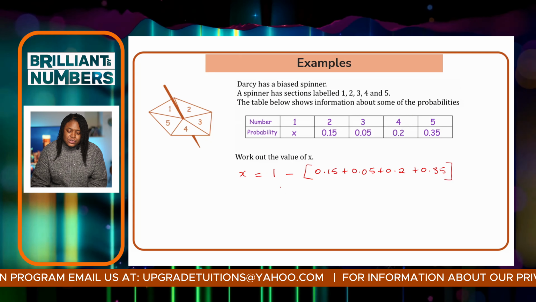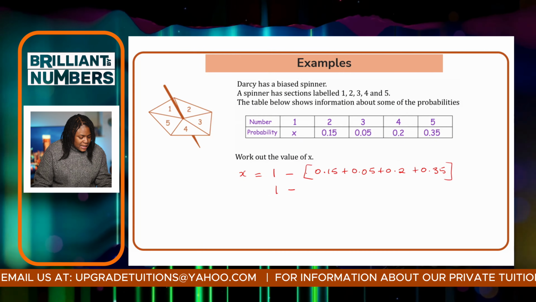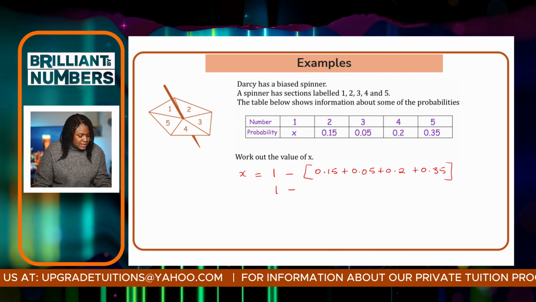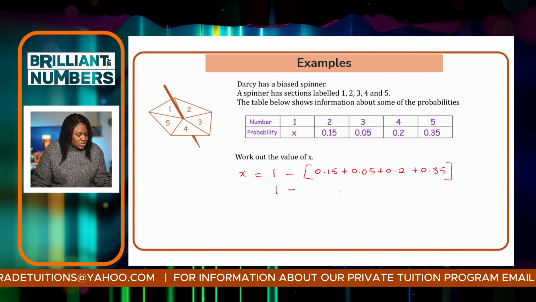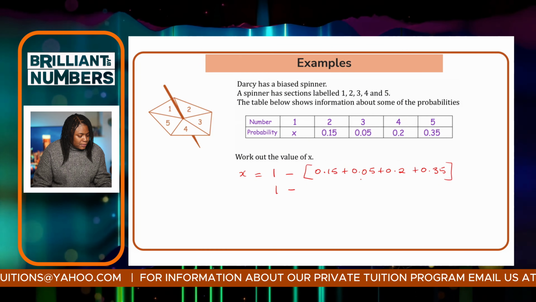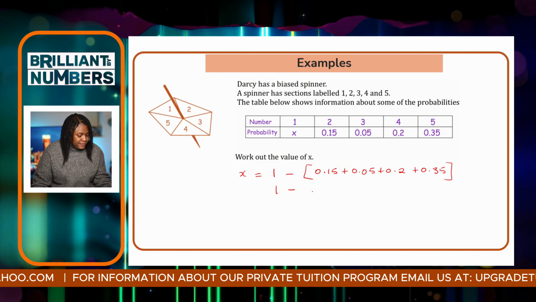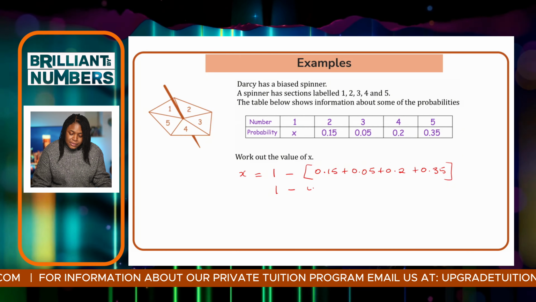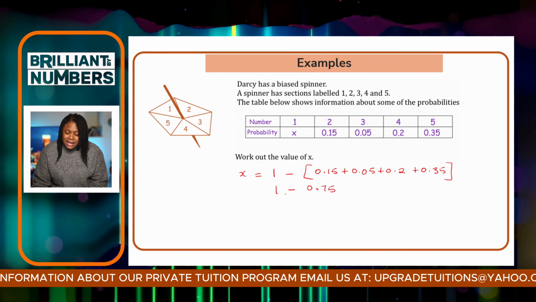So I'm going to get a total for that, and then I'm going to take that away from 1. So let's put that in our calculator quickly and see what we get. 0.15 plus 0.05 plus 0.2 plus 0.35 gives me 0.75. And then I'm subtracting that from 1.